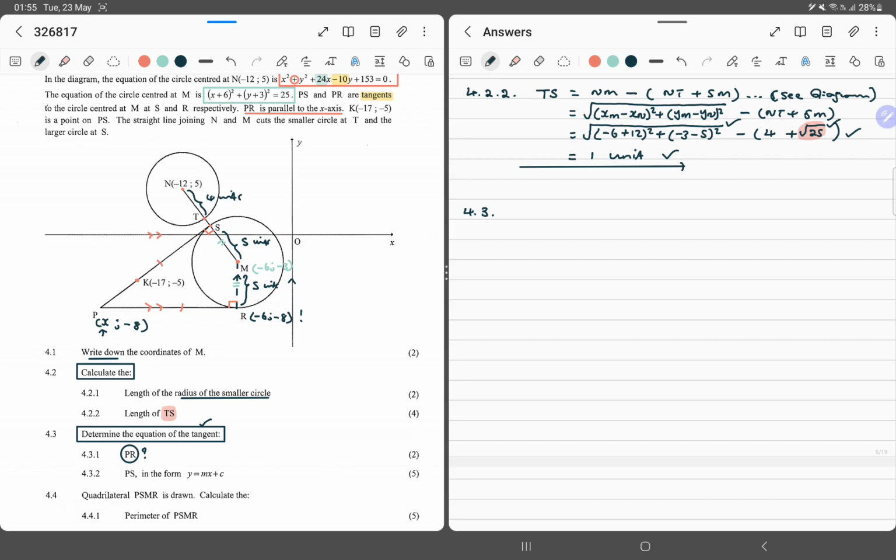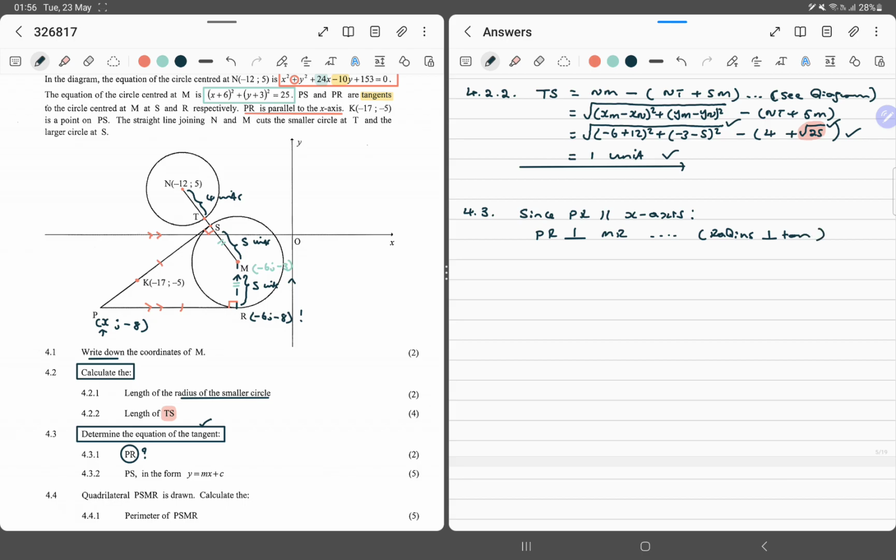What we know is that since PR is parallel to the x-axis, that was given, it is such that PR is perpendicular to MR. What we know here is that the radius is always perpendicular to tangent.